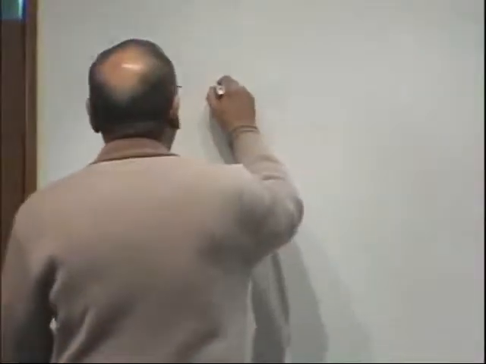If two words denoting quantities are mudaf and mudaf ilayhi. Shall I write down on the board? Okay, I will write down on the board, brothers and sisters. Because this is important, brother.